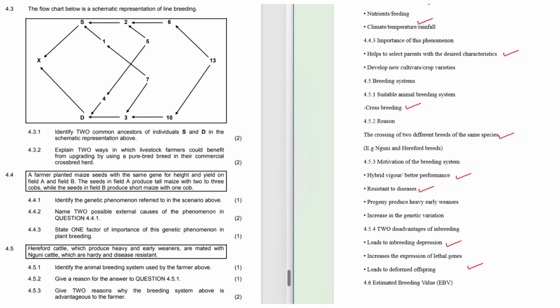4.4.3 Select one factor of importance of this genetic phenomenon in plant breeding. So here they want the importance of variation. We will tell them that variation helps to select parents with good characteristics.